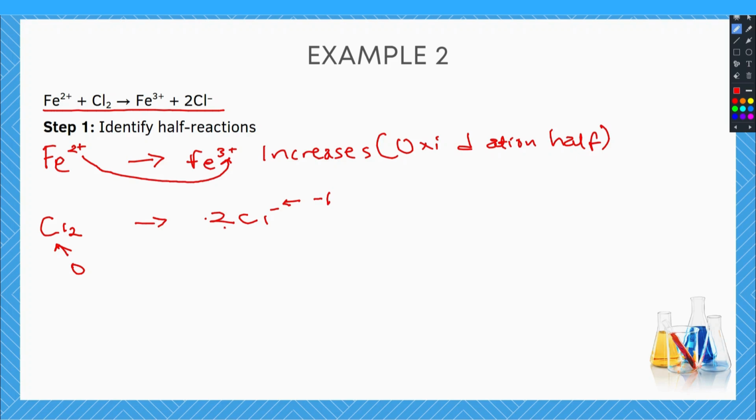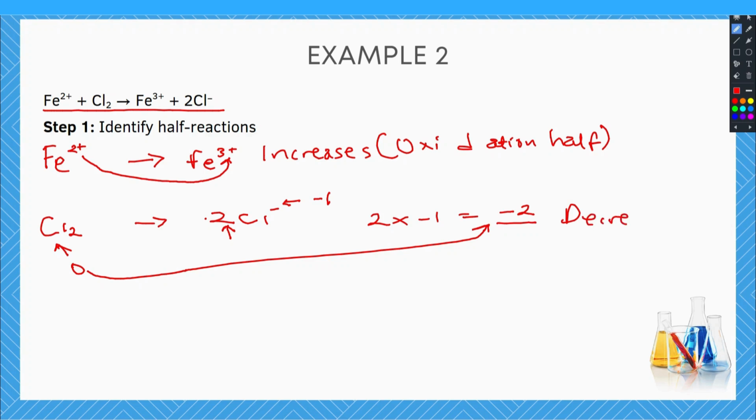And now, how many atoms of chlorine do we have? We have 2. So therefore, it becomes 2 times −1, which gives us −2. So the oxidation number here is −2. If something goes from 0 and it becomes −2, does it increase or decrease? Of course, it decreases.